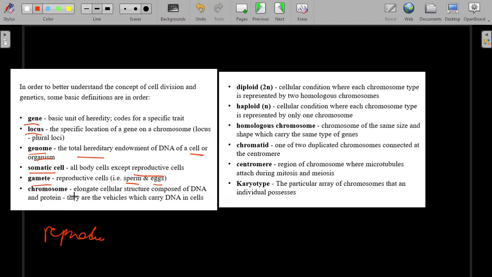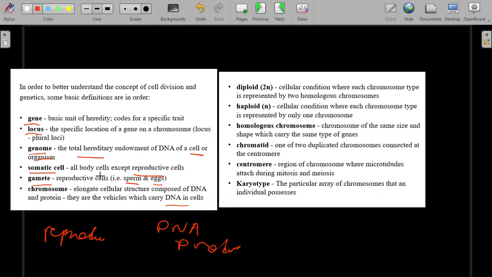Then you have a chromosome. Chromosomes are elongated cellular structures which are composed of the genetic material, your DNA, and also proteins. They are the vehicles which carry your genetic material, DNA, in the cell.